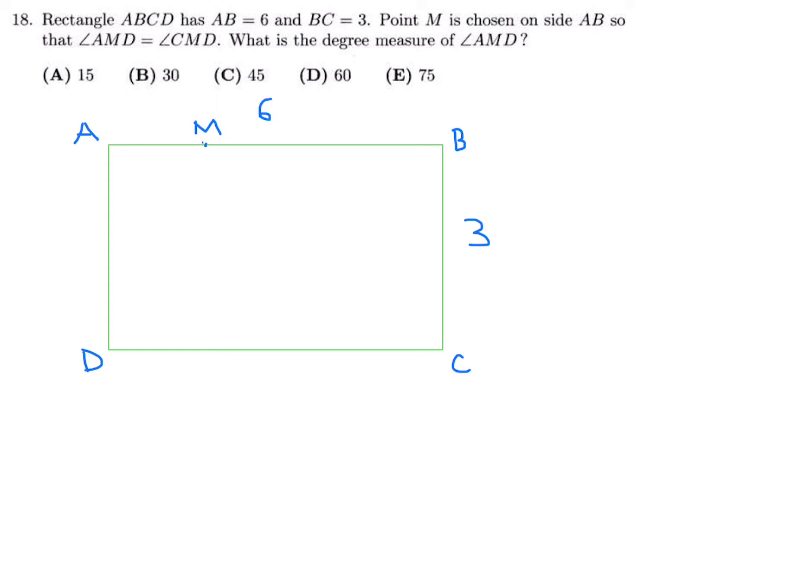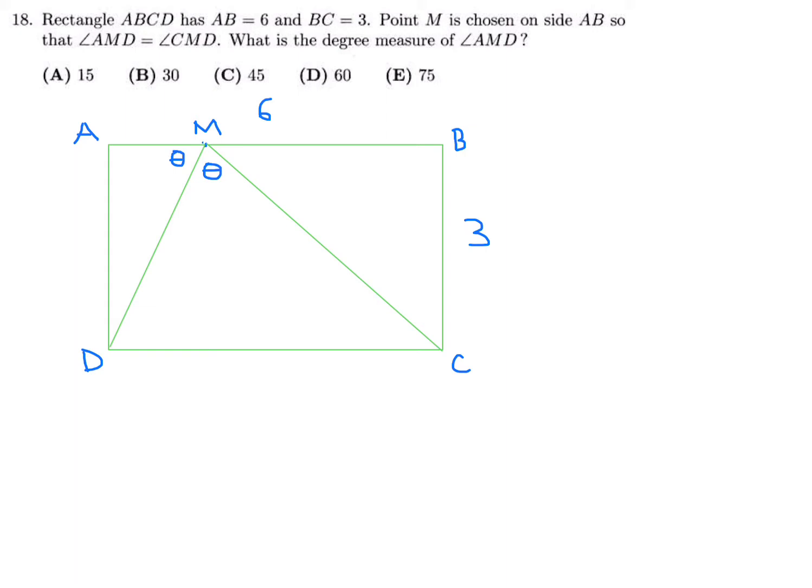And then they're saying that when you draw lines from D to M, and then M all the way to C, then the angle AMD, which would be right here, call that theta, is equal to CMD. So this is also theta. Okay? And then they want you to figure out AMD. So I guess, what is theta?